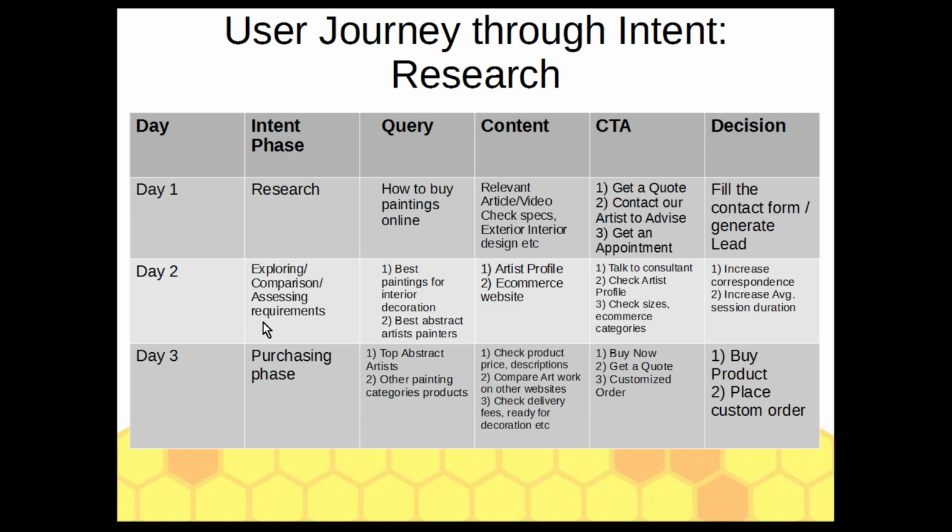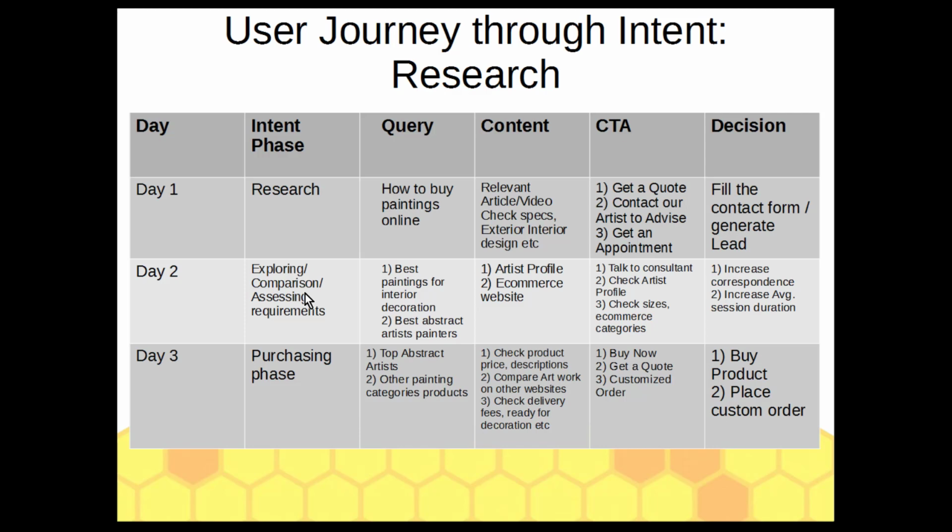Do I want to decorate it in the exterior outside, or do I want to decorate it interior? So after they have made this decision, their query would be best paintings for interior, and you should have content ready for that as well. Best abstract artists painters. So if you have their email address or their phone number or their WhatsApp or their social media, if you have generated the lead from there, you can send it to them manually.